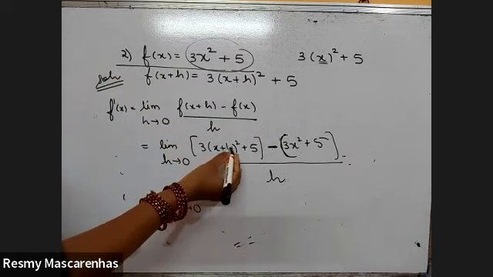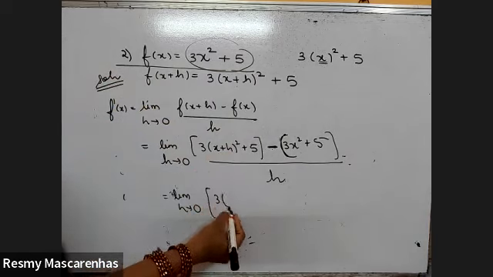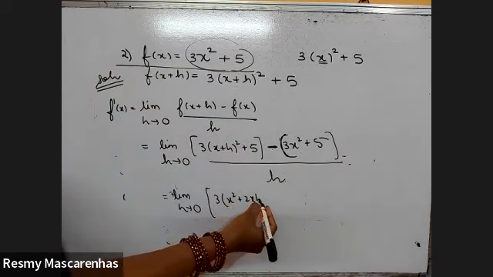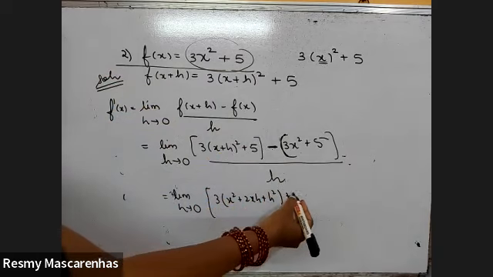Now this is in the form of a plus b the whole square. So use the a plus b the whole square formula: a square plus 2ab plus b square.